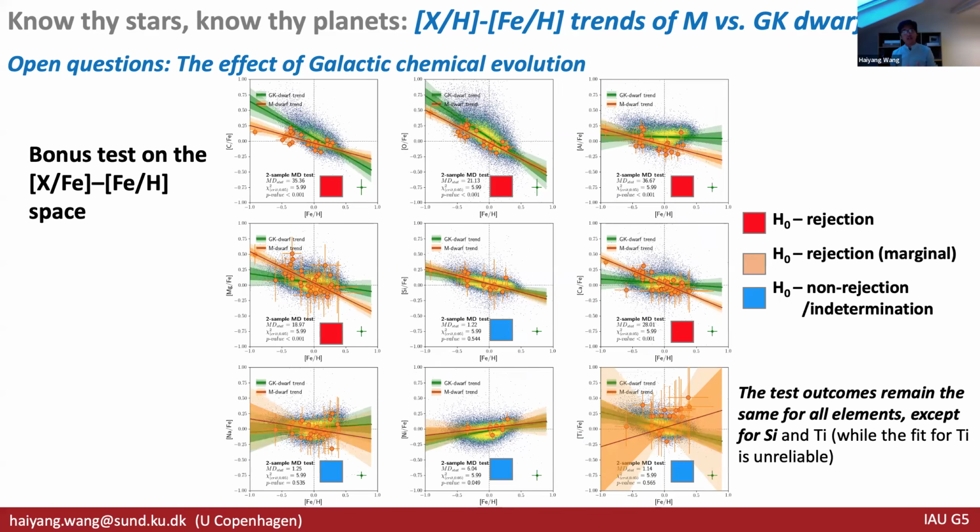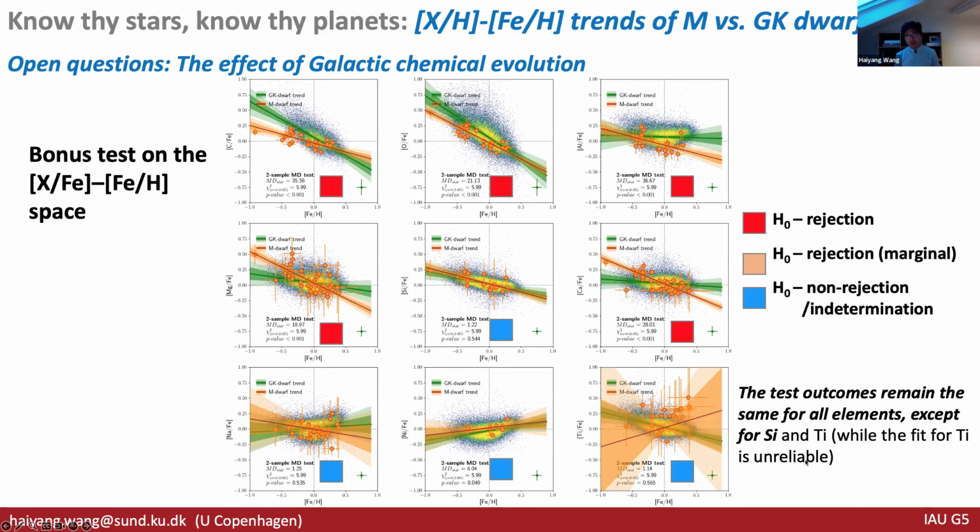So then we also made an additional bonus test to see what would happen to this test outcome if we test in the X/Fe versus metallicity space instead of X/H over metallicity. So here is the result, which shows that except for silicon and titanium, all the test results would still hold to the one that we tested in the X/H over metallicity space.